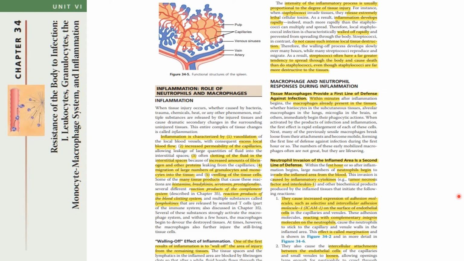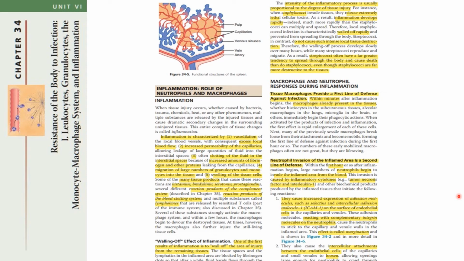This invasion is caused by the inflammatory cytokines. For example, one of the inflammatory cytokines is tumor necrosis factor and another one is interleukin 1. Other biochemical products produced by inflamed tissue will initiate the following reactions.